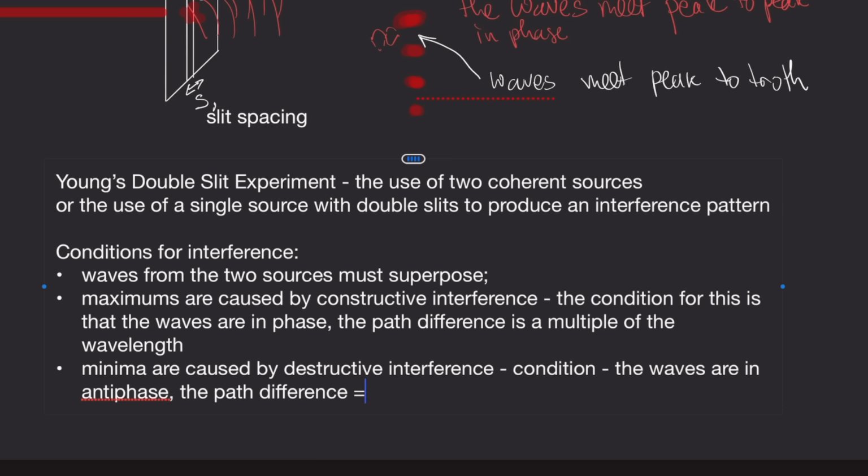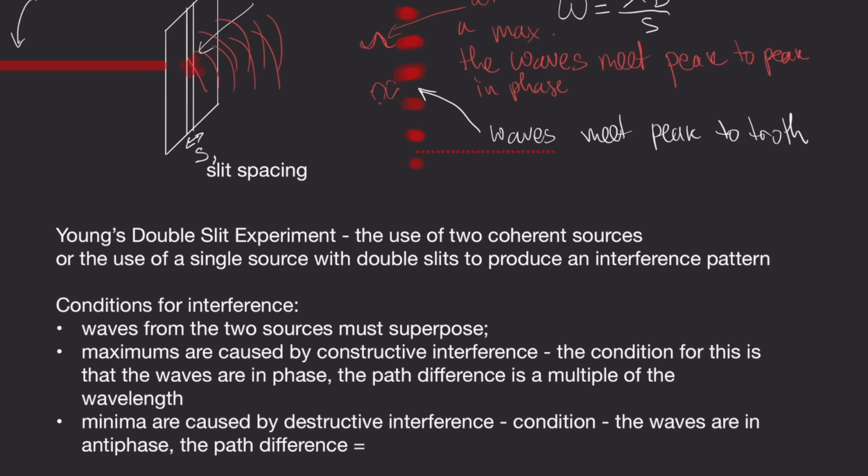And what path differences would actually work? Well, it has to be equal to a multiple of this expression, which is n plus a half multiplied by the wavelength. So for constructive interference, the path difference would simply need to be equal to a multiple of the wavelength, which is n lambda.